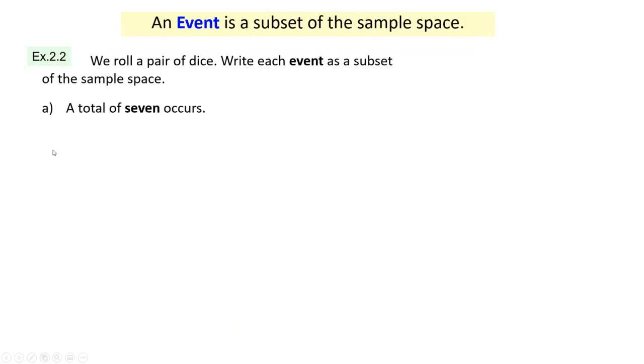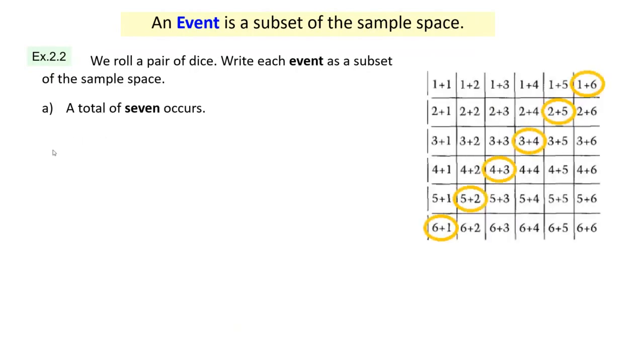A total of 7 occurs. Okay, we need to list all our outcomes, and you will need to do it on the test also. It is hard to do it in your head. So if you have such a problem, you need to write down the sample space on your scratch paper and show the event, what outcomes represent the event.